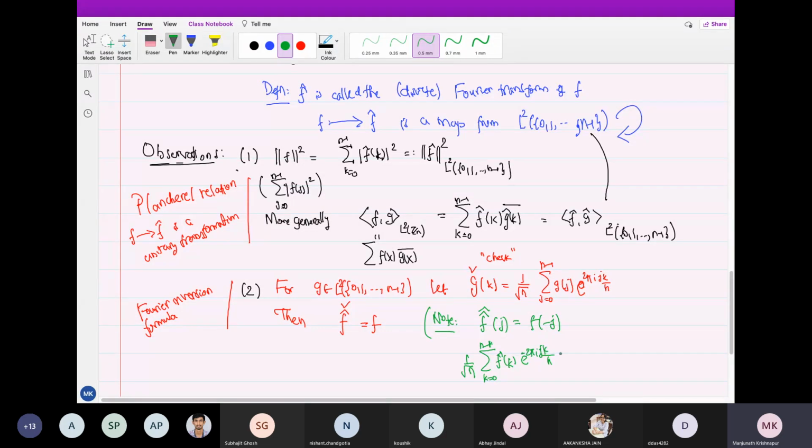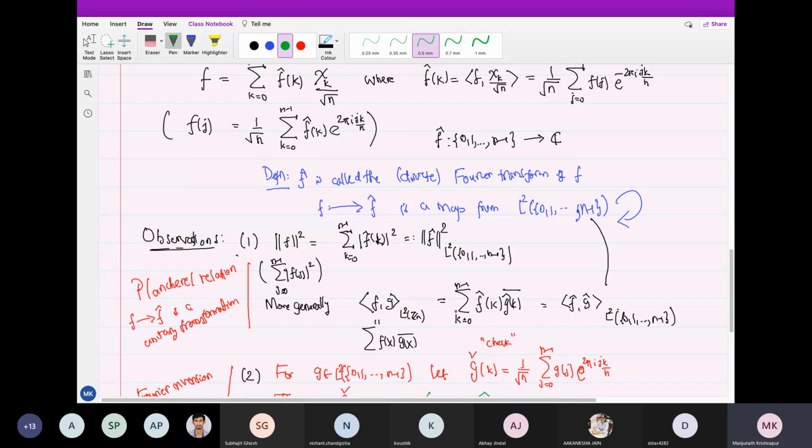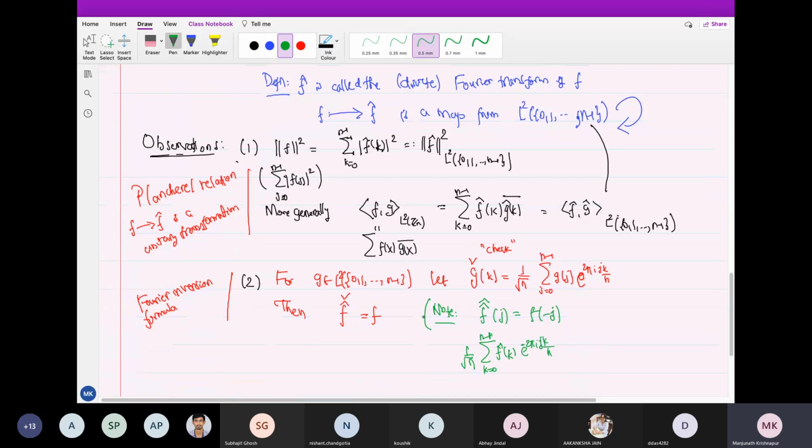Now I can absorb that minus into j. So if you look at this formula, it is f of minus j. So applying hat twice will not give you back the function; it will give you f flipped. Hence, if you want to get back f and you don't want this check business, you can apply hat 4 times.